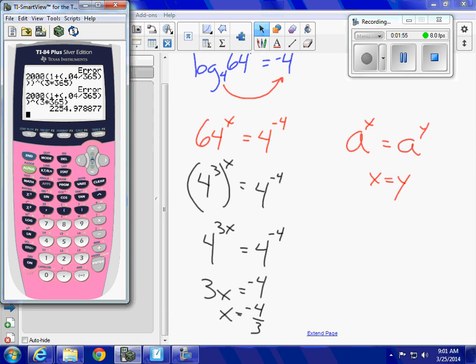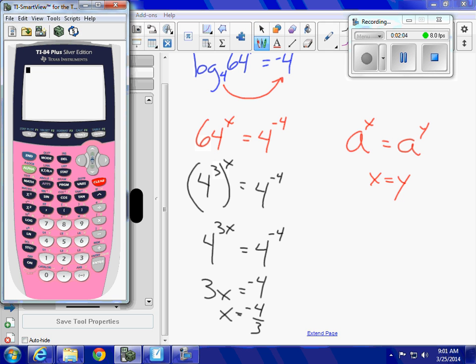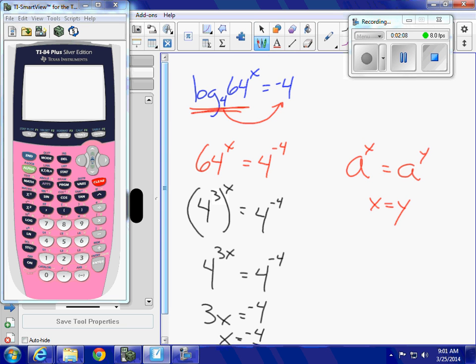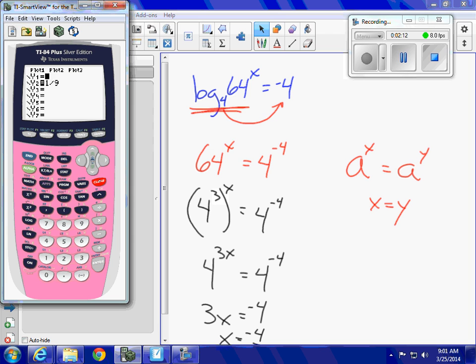What I'm going to do is use the graphing part of my calculator. And I'm going to graph the left side of this equation first. So I'm going to go y equals, clear that, and I want to do log base 4 of 64^x.